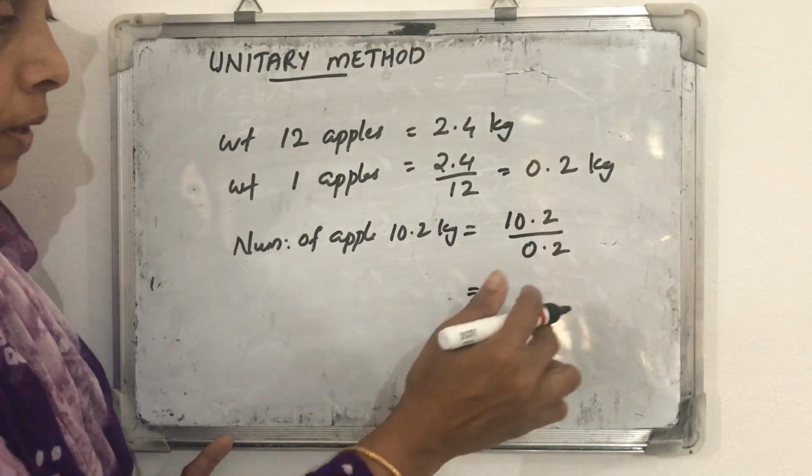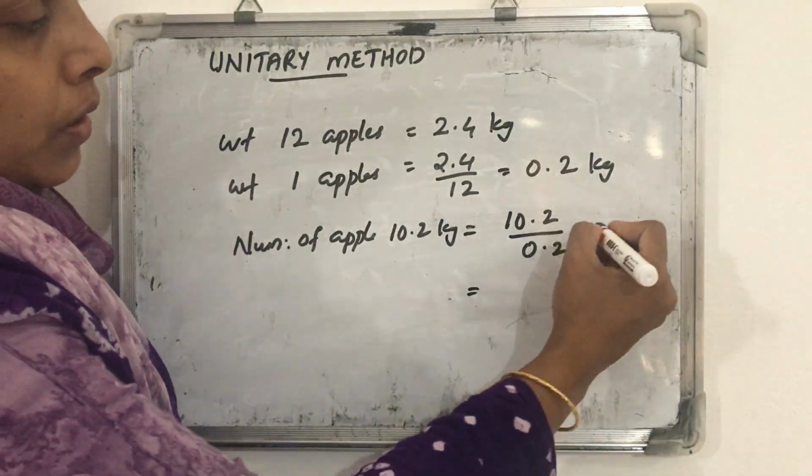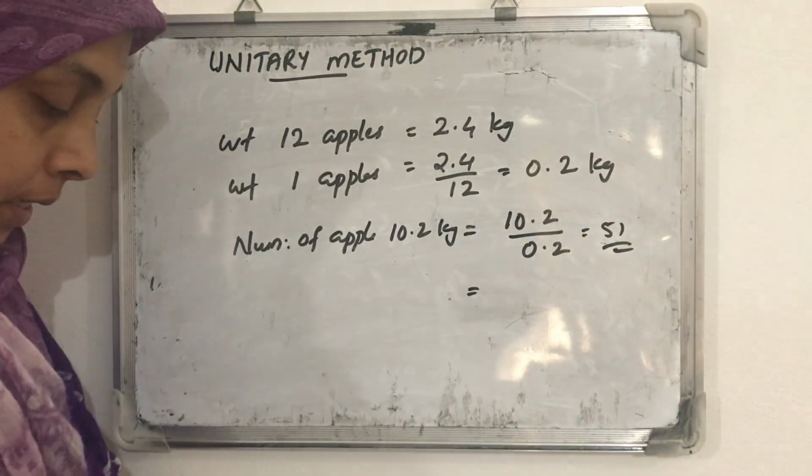So dividing this you will get the answer as 51 apples. Okay, like that. Next question.